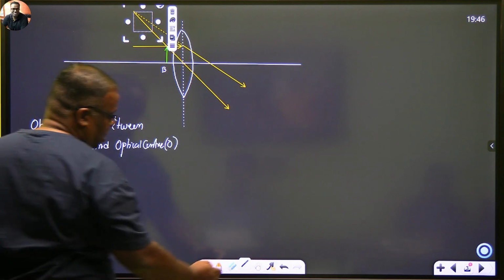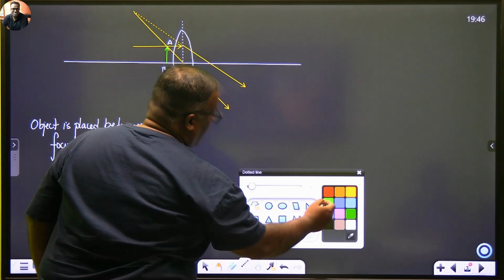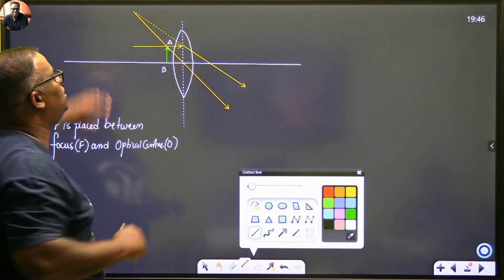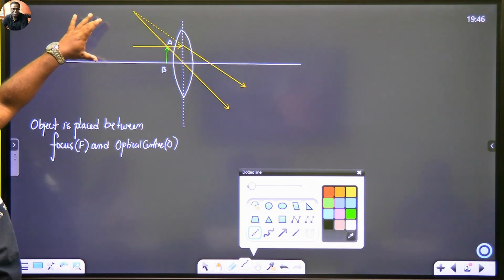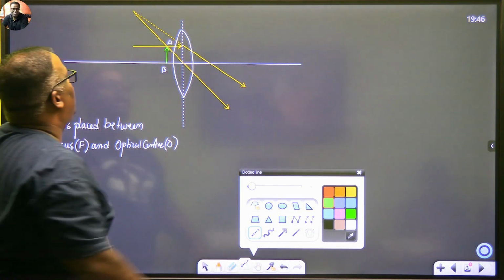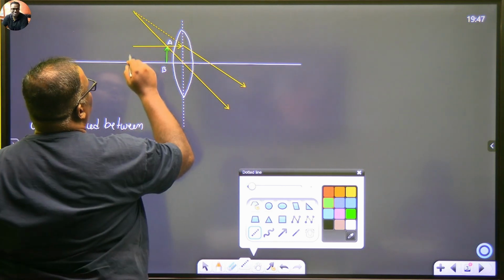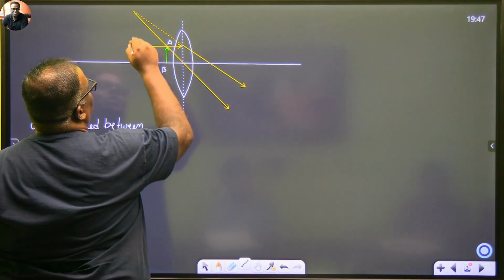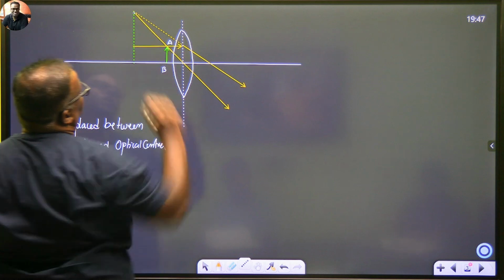Imagine they're meeting here. So what will I get? I will get my image. Has my image formed by actual intersection of rays? No, my image has not formed by actual intersection of rays. And so this image we show with a dotted line.